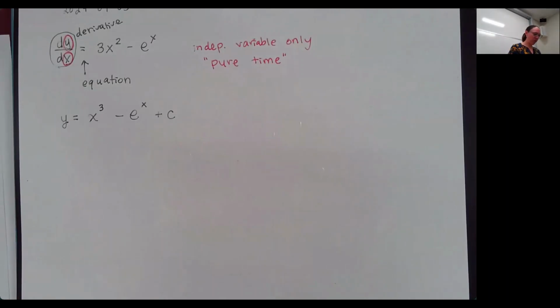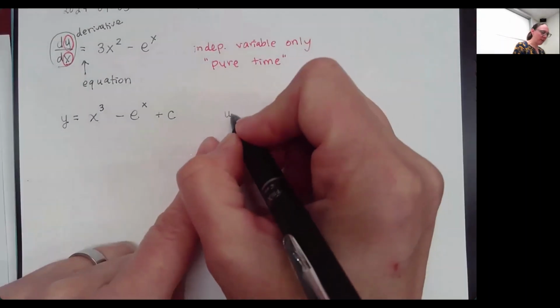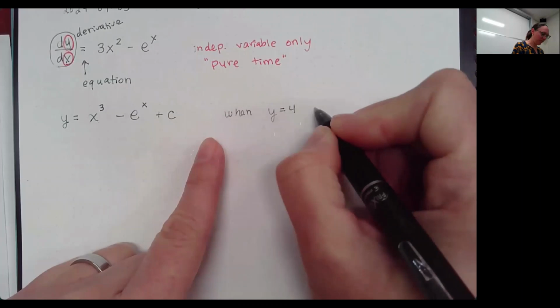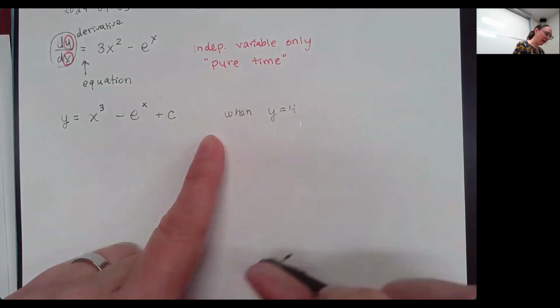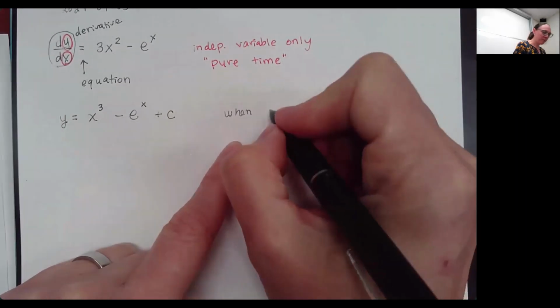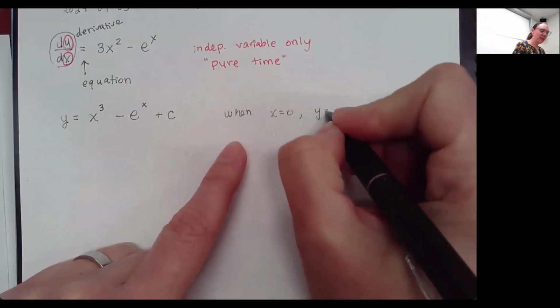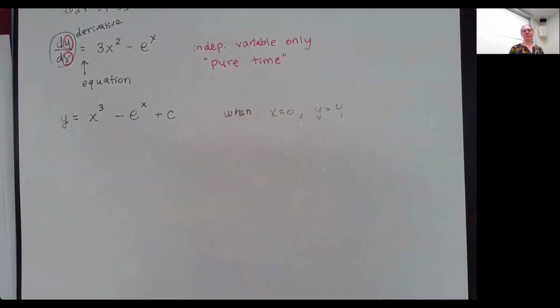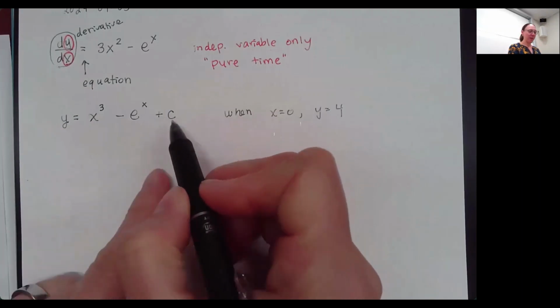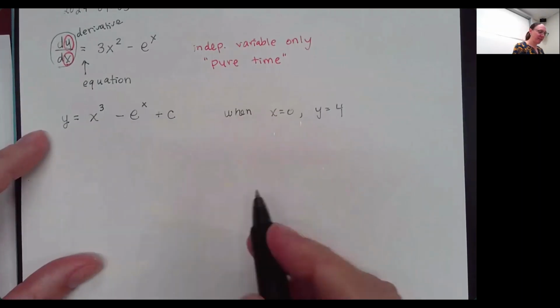So for example, if I knew that when x equals 0, y equals 4, that's enough information for me to solve explicitly that differential equation, including a value for the constant.